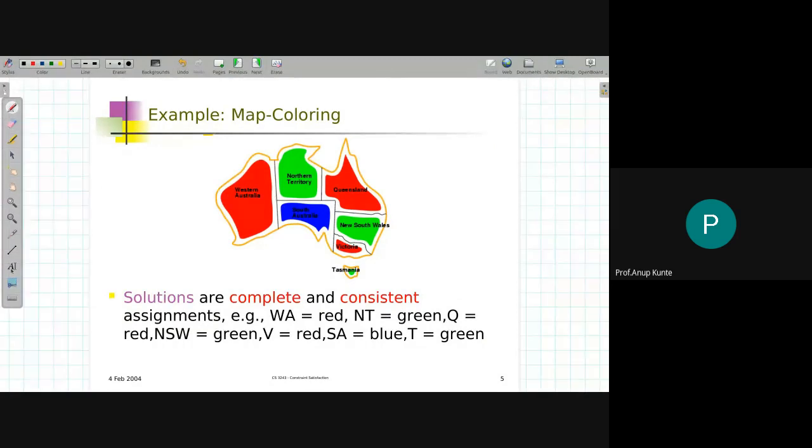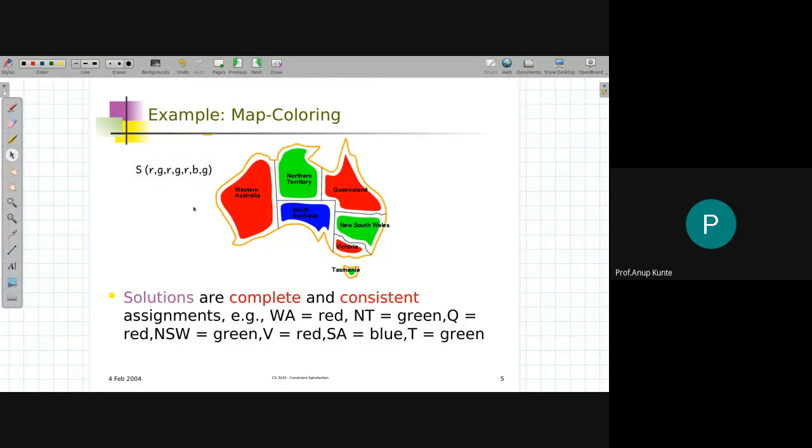I will have 6 things in a set, or I could say a tuple, which is a better representation. So this is red, green, red, green, red, then 6 is blue, and 7 is green. Now this is the state representation for the given problem. So this is some state S for my problem, where I've chosen colors for every region.